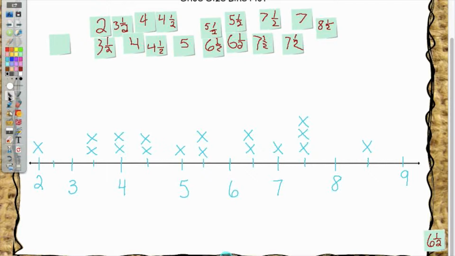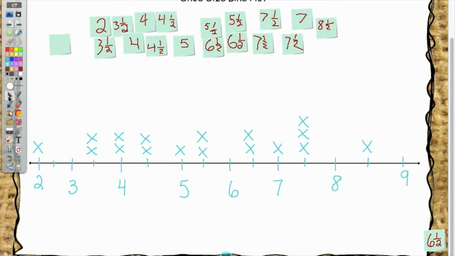Or size 2, right? Okay. How many shoes measure 6.5? 2. How many shoes measure 8.5? 1. Okay? So you know how to answer a question like that.